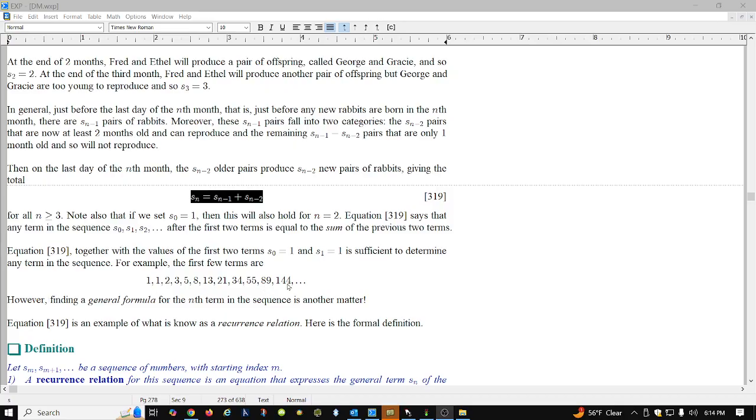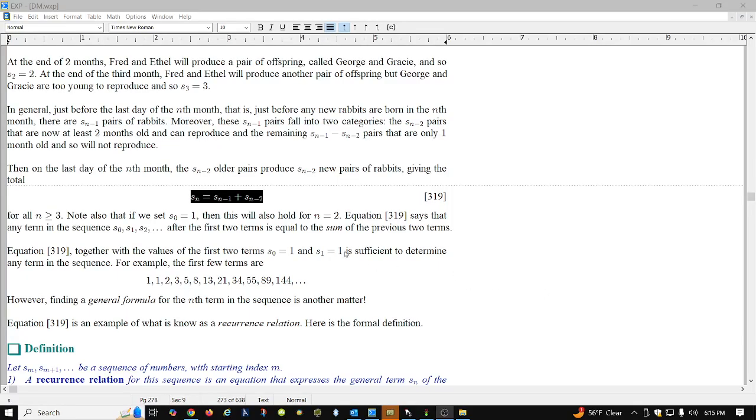Finding a general formula for the rabbit problem, Sn, that's another matter. So there are two steps in dealing with problems that are amenable to recurrence relations. One is finding the correct recurrence relation, and the second is, if appropriate, finding a general formula for the nth term. And you'll see what I mean by is appropriate as we continue.